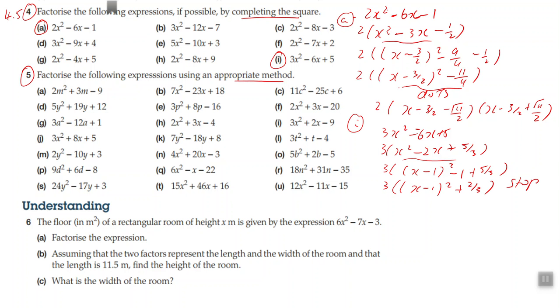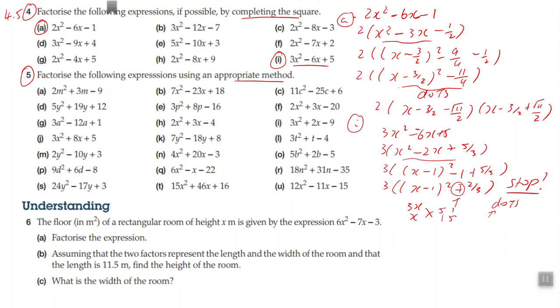You can't go any further, you stop, because can you see there's a plus here? Normally we have to use DOTS, and DOTS stands for difference of two squares, not sum of two squares, so you cannot factorize this any further. If I try the cross method, it won't work either. If I go 3x and x for the original expression, you've got 5 and 1, and 1 and 5.